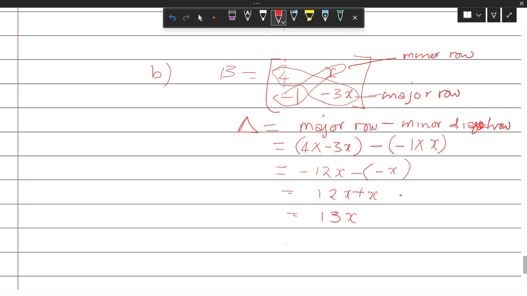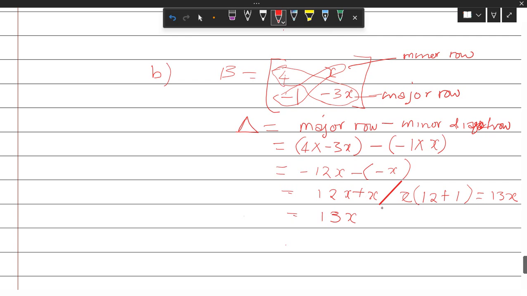For those who like factorization, if you take out x, there will be 12 plus 1, so 13 multiplied by x, which is still 13x. It's the same procedure: factorizing, take out x, x multiplied by 12 is 12x, x multiplied by 1 is x.